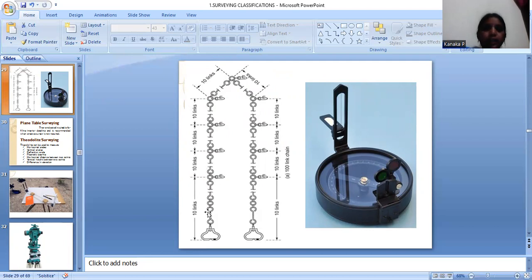And then 10 links make every 1 meter. Every 1 meter is a link, and tallies and rings are constructed on the chain. And then compass survey is for angular measurements. This has a needle, object glass, eyepiece, magnetic needle, and graduated rings, also called the prismatic compass.